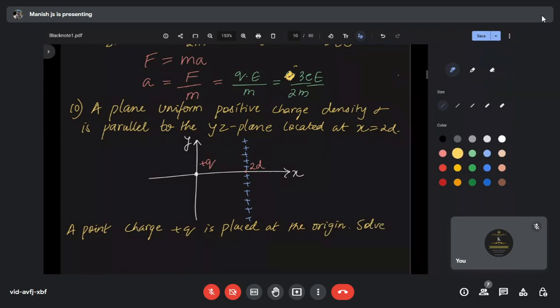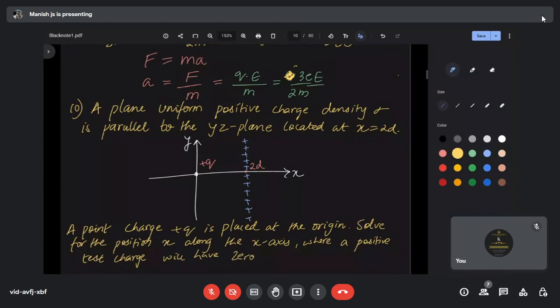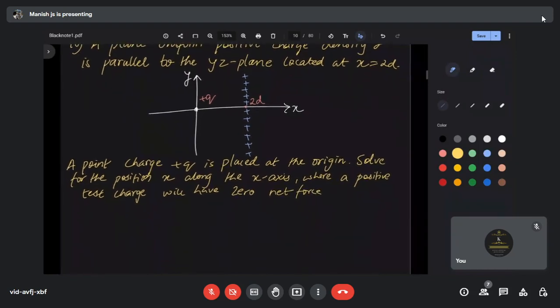Solve for the position X along the X-axis where a positive test charge will have zero net force. Where it will have zero net force.